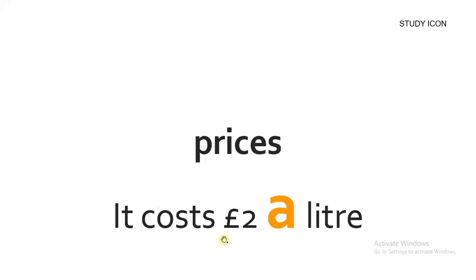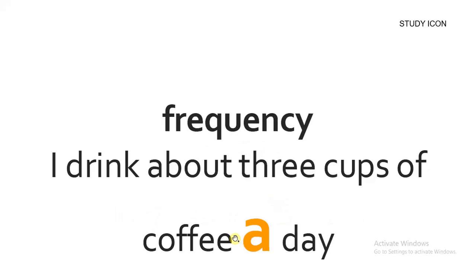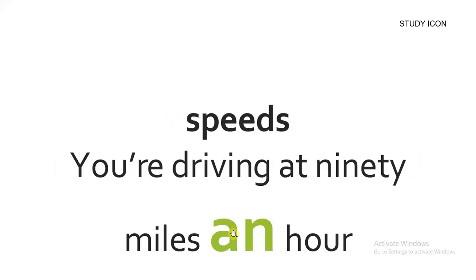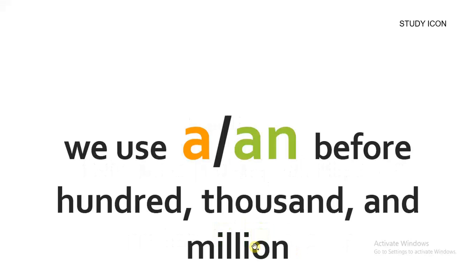This is the price given. Frequency, I drink about 3 cups of coffee a day. It means frequency is given here, 3 cups of coffee, 10 cups of coffee, or 5 bottles. The frequency is given here, so we are using a day. Speed, you are driving at 90 miles an hour. So here we had to use an.